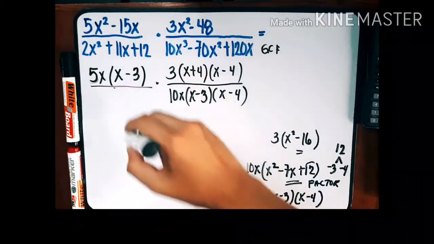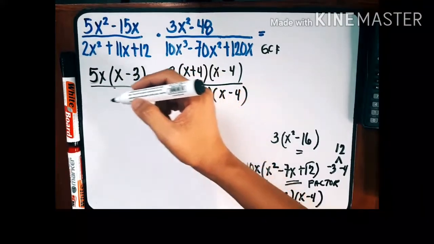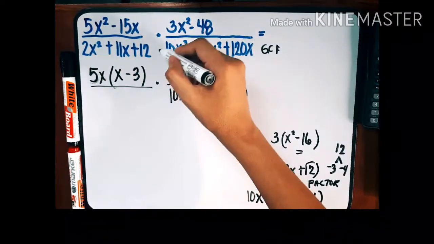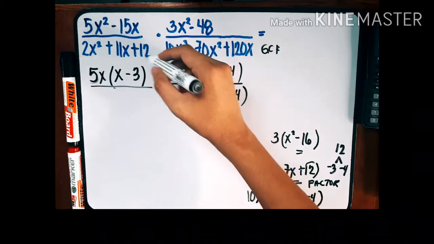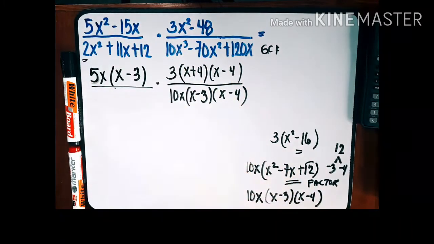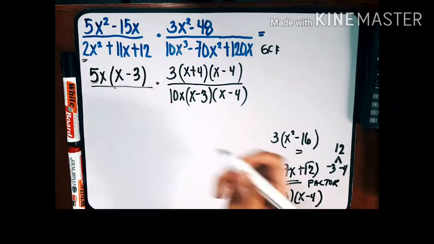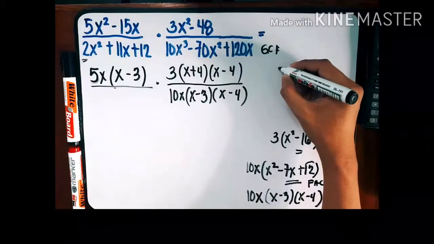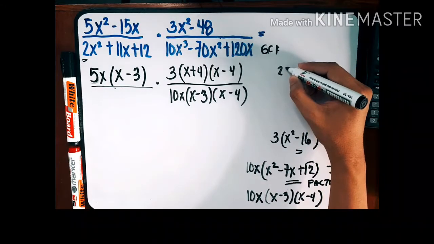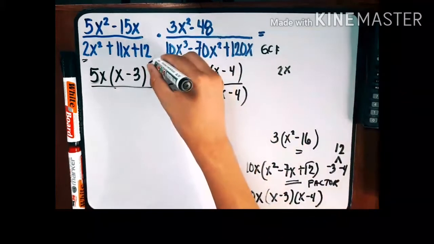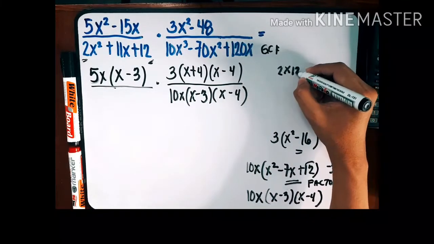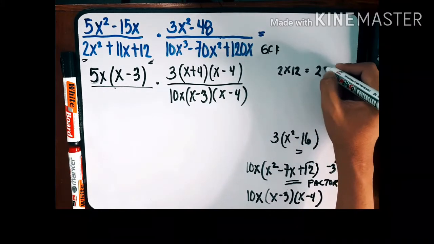How about this? 2x squared plus 11x plus 12. So, ito ay trinomial but with coefficient. So, ang gagawin natin, factor natin ito by grouping. So, una, yung coefficient niya na 2 multiplied natin by the constant 12, which is 24.